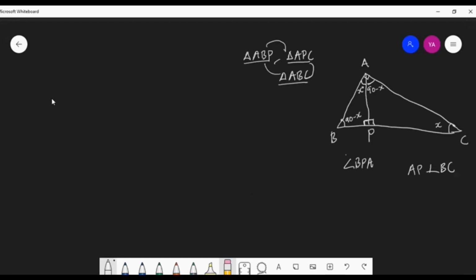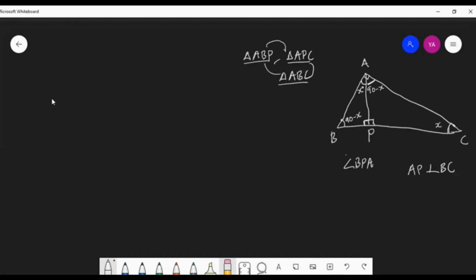So I choose angle BAP is equal to x degree. Then the sum of the angles of the triangle is equal to 180 degree. Using that property, we can say that angle at B will be 90 minus x. And angle A in the larger triangle is 90 degree. Therefore, the second angle at the vertex A will be 90 minus x. Then the third angle, angle at C, will be x degree.